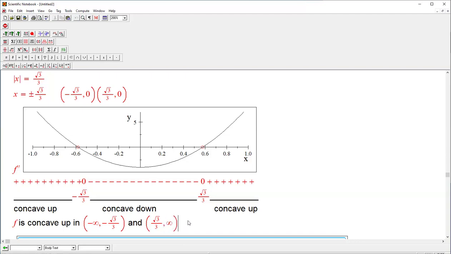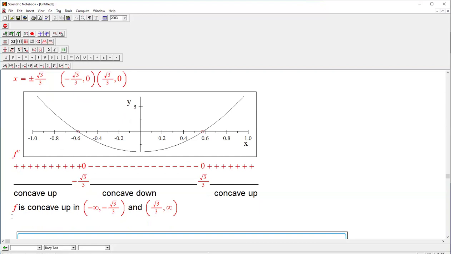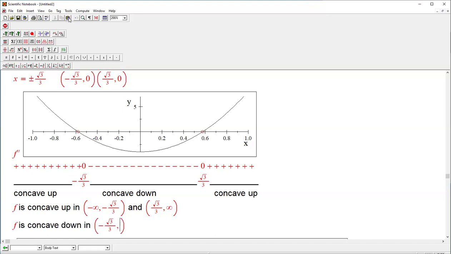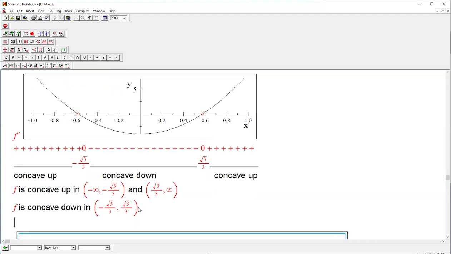So this is concave up, and F is concave down in the interval between negative √3/3 and positive √3/3. So that's the answer about concavity.